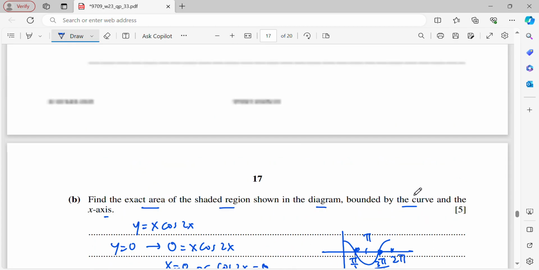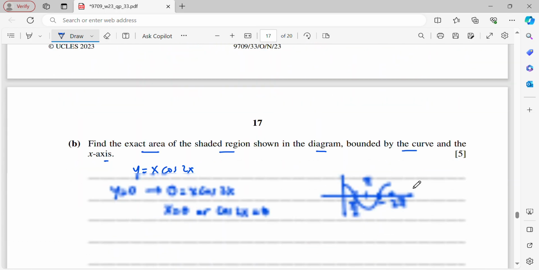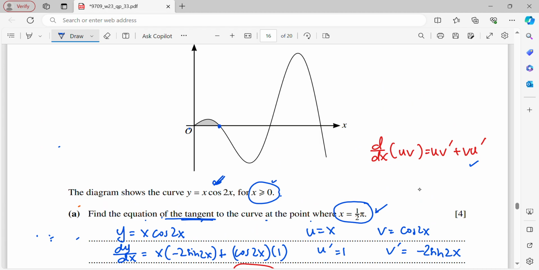Now by looking at the graph, since x is greater than or equal to 0 and this point is close to 0, we have found 3 solutions: either 0, 1 over 4 pi or 3 over 4 pi. According to the graph, we have to choose pi over 4, because it's closer to 0.